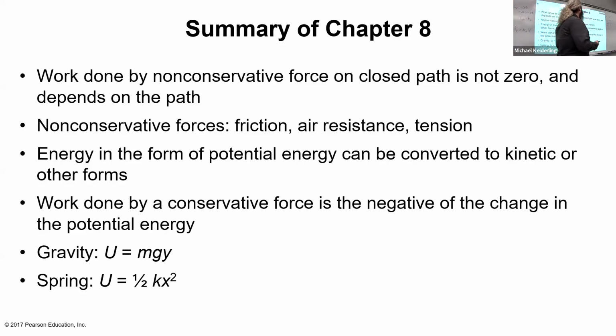Energy in the form of potential energy can be converted to kinetic or other forms. The work done by a conservative force is the negative of the change in potential energy. The potential energy of gravity is mgy. The potential energy of a spring is 1/2 kx squared, where x is how much it's stretched or compressed.